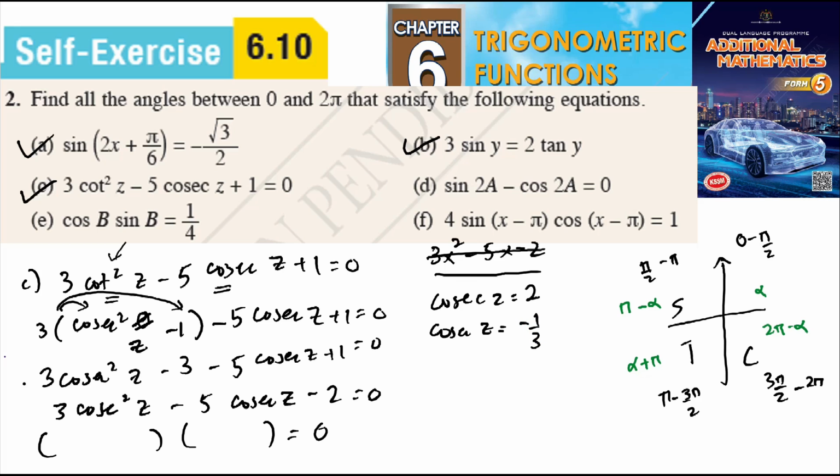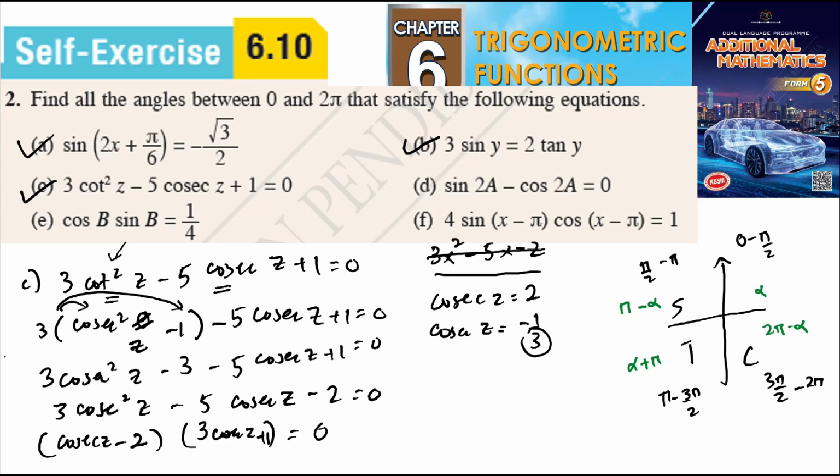So the factors are cosecant z minus 2, and 3 cosecant z plus 1.